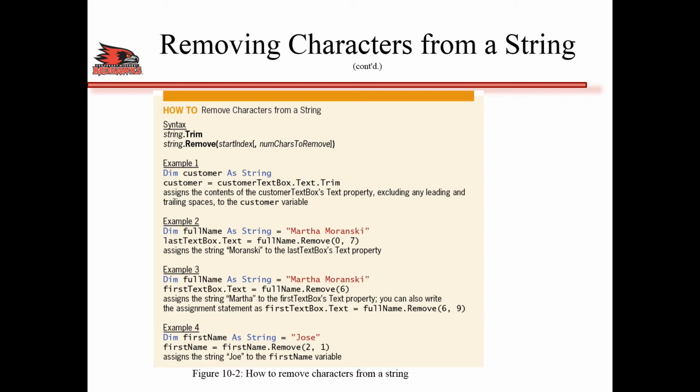So let's look at some examples of both methods. The Trim method just deletes all the spaces, so there's nothing more to it. So you have a customer string, and it basically gets the text inside the customer text box and trims all the spaces out.